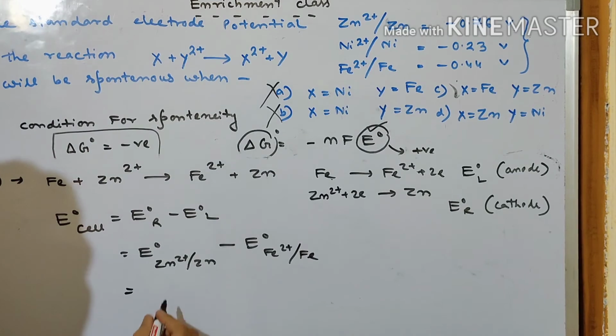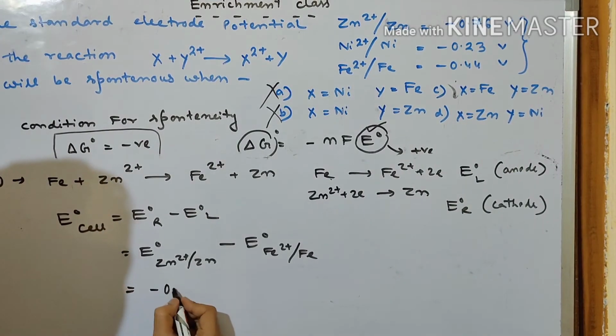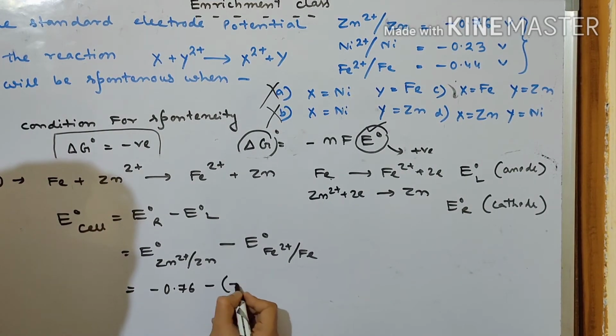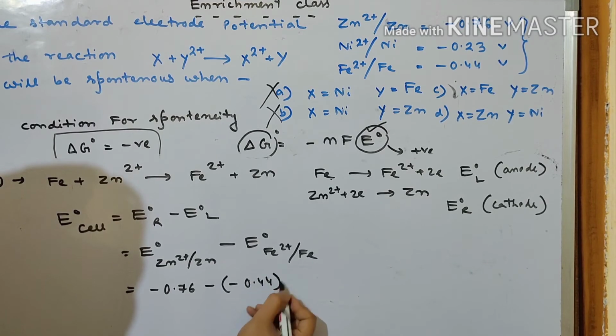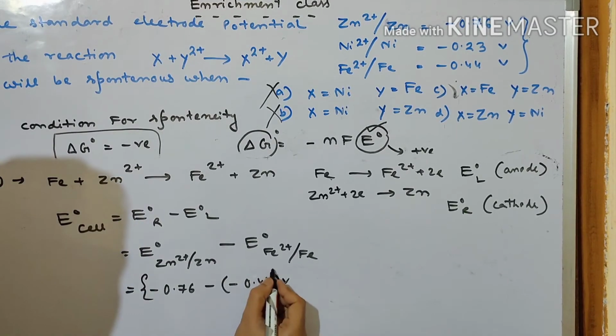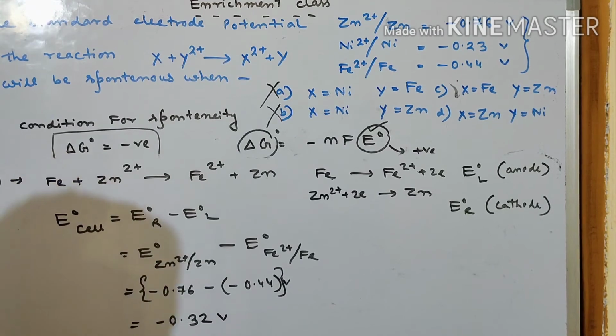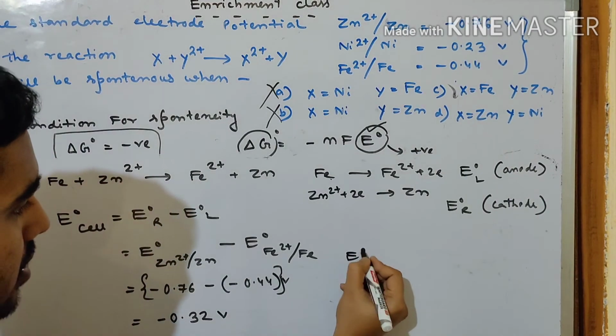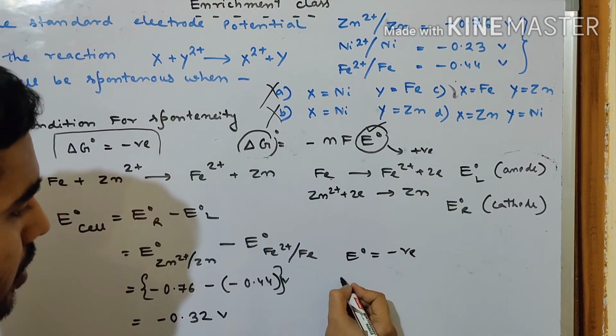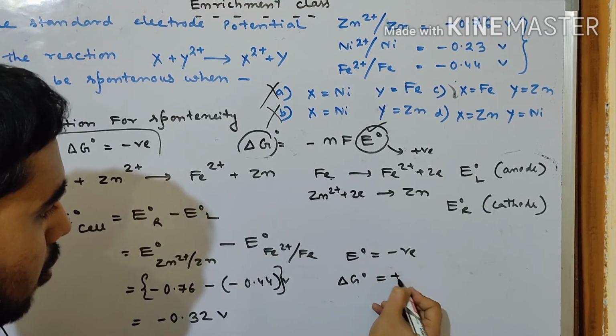Now let us put the values. For zinc it is minus 0.76 minus of minus 0.44 volt. So it should be minus 0.32 volt. Again, E0 as I could see is negative, so delta G0 should be positive.